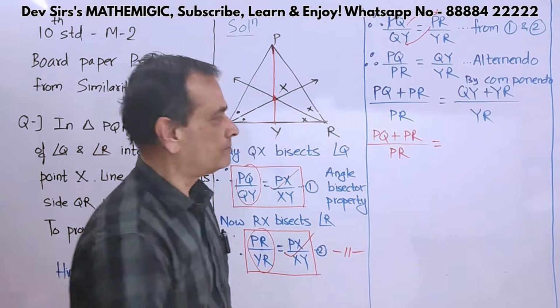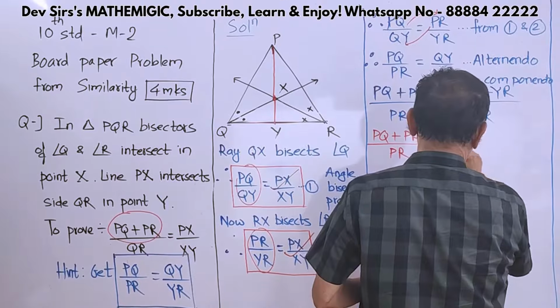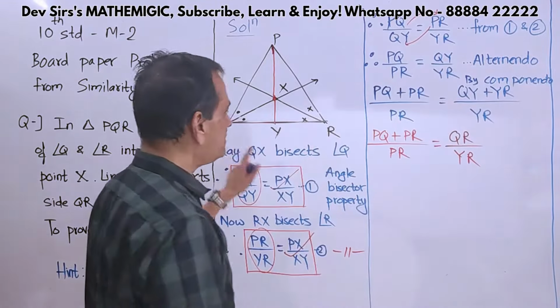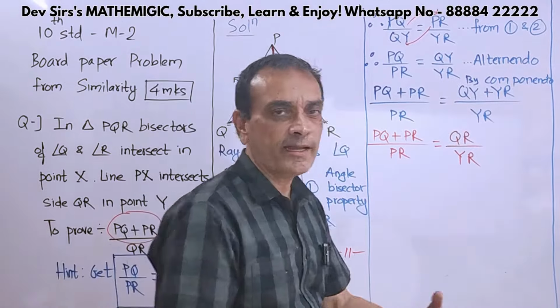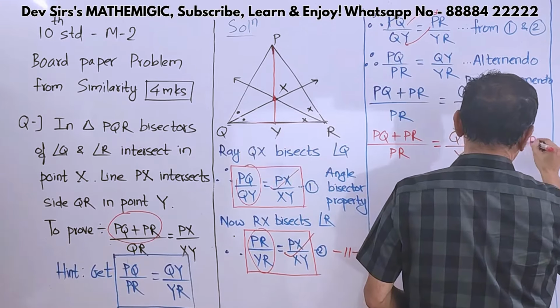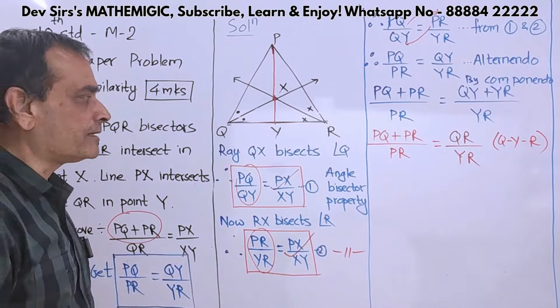There I can use segment addition. Reason? Q, Y, R means you are adding two segments. They are collinear. Followed? So I have come up till here now.